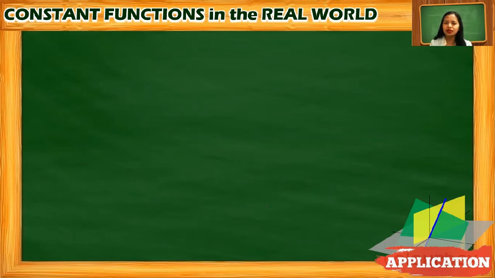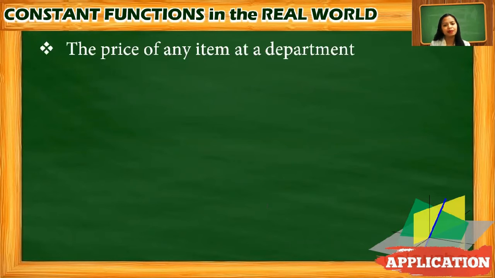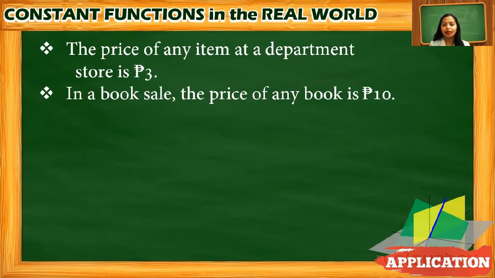So what are those examples that we can think of that apply a constant function in reality? First, the price of any item at a department store is 3 pesos and that is constant. In a book sale, the price of any book is 10 pesos.